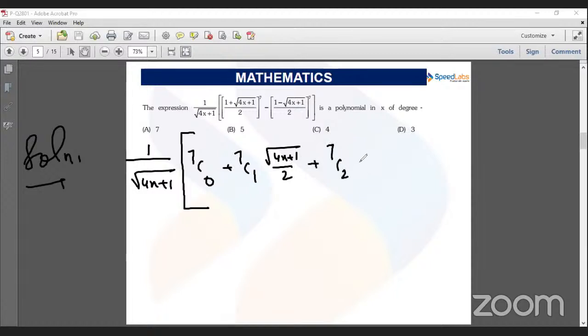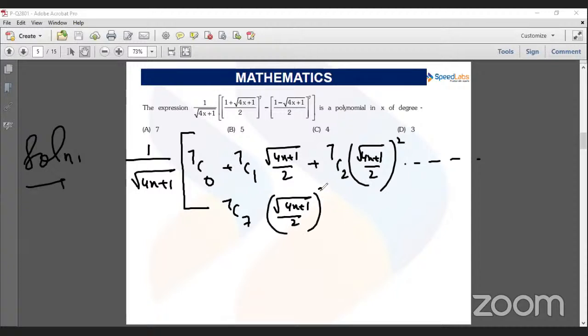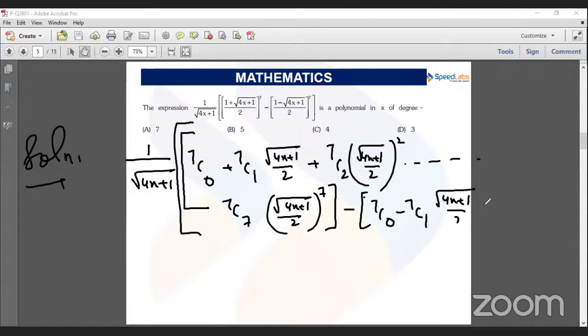plus 7C2 (root(4x+1)/2) whole square, up to 7C7 (root(4x+1)/2) to the power 7, minus 7C0 minus 7C1 root(4x+1)/2 plus 7C2 (root(4x+1)/2) whole square, and so on.